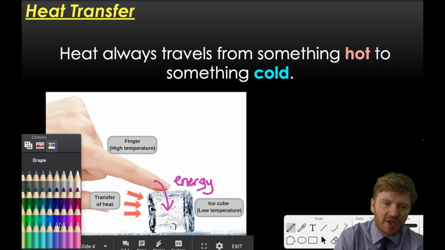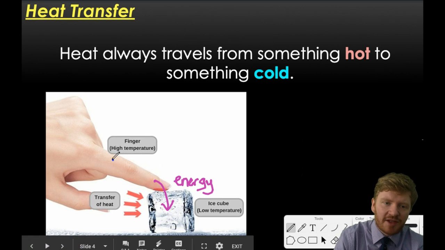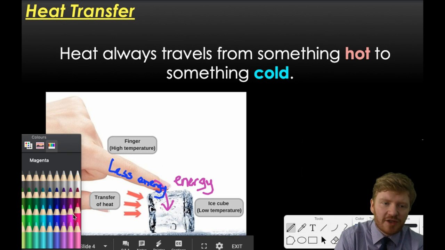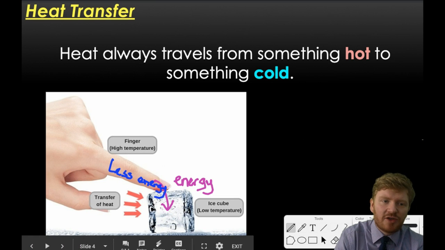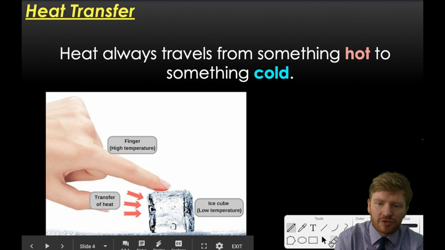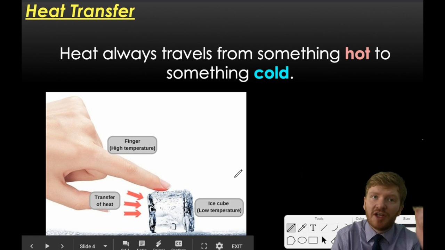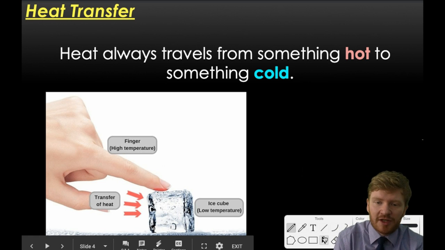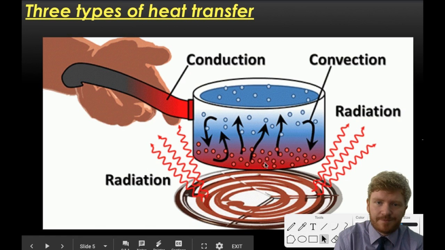Now, because you're losing energy from your finger, there's now less energy in your finger, which means that the particles in your finger move more slowly, and that means that your finger starts to feel colder. And that's why cold things feel cold. It's not actually the idea that the cold is entering your body. Instead, the heat from your body is entering the thing that feels cold.